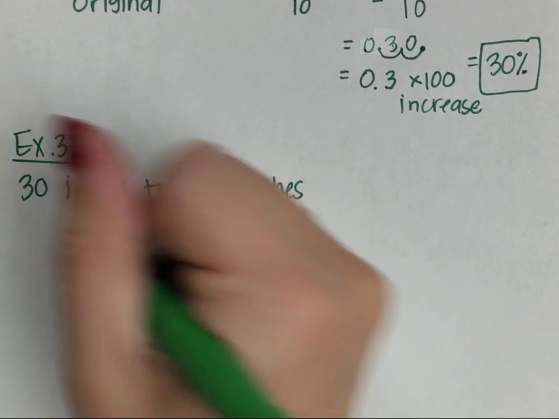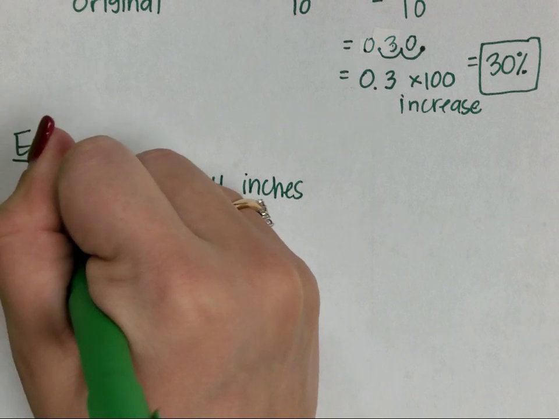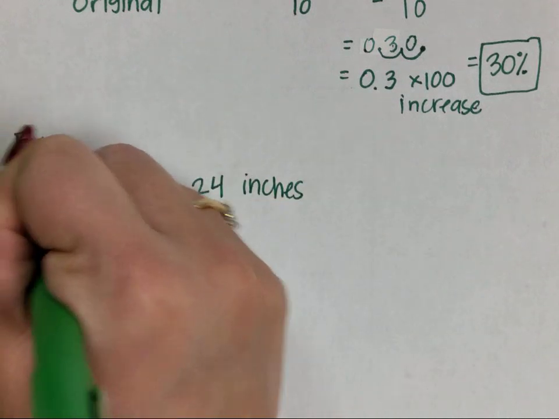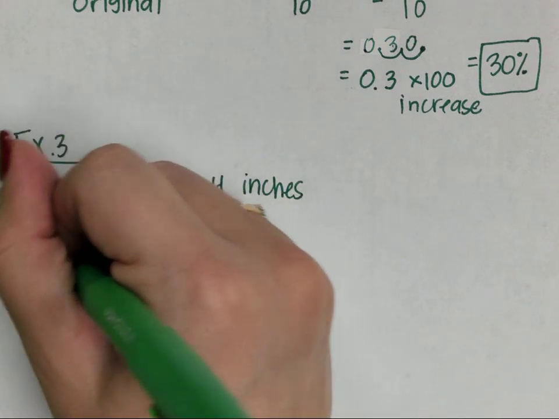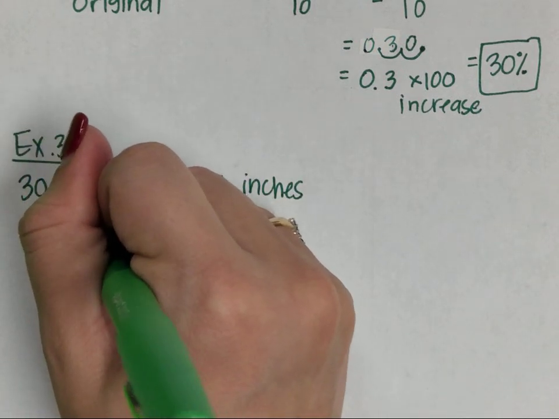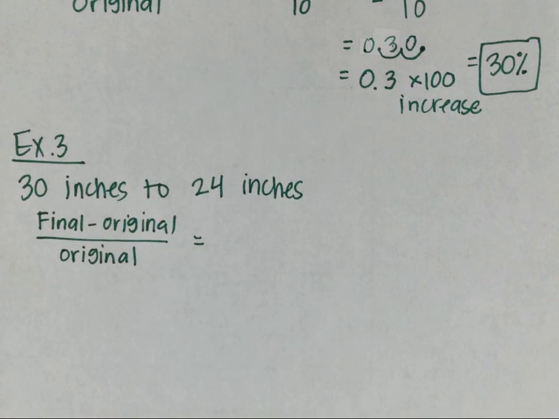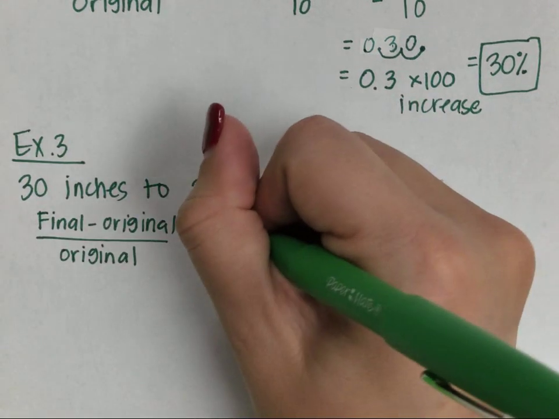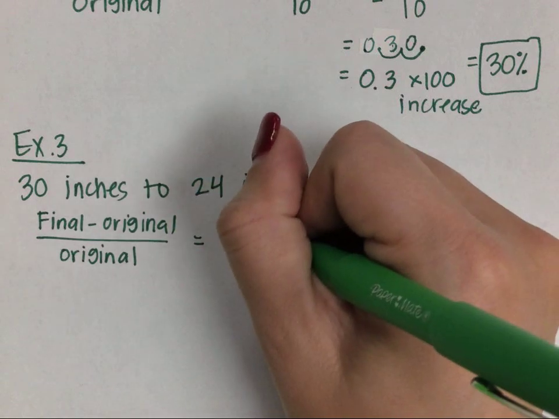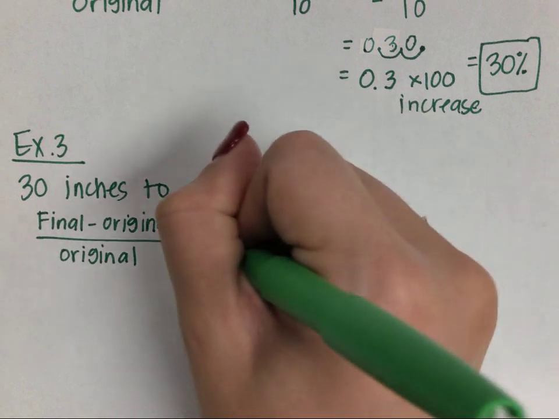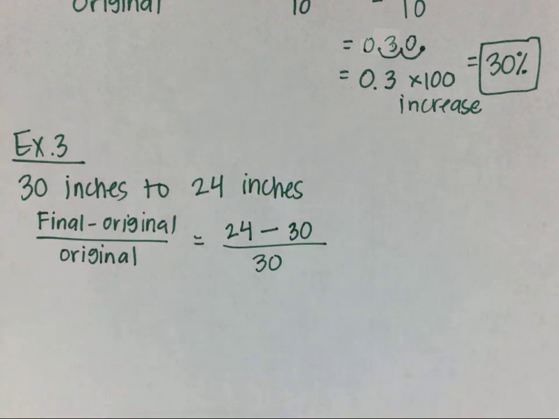So remember, our formula is final minus original, all over original. Good. So what's my final? 24. And then my original is 30. So 24 minus 30, all over 30.